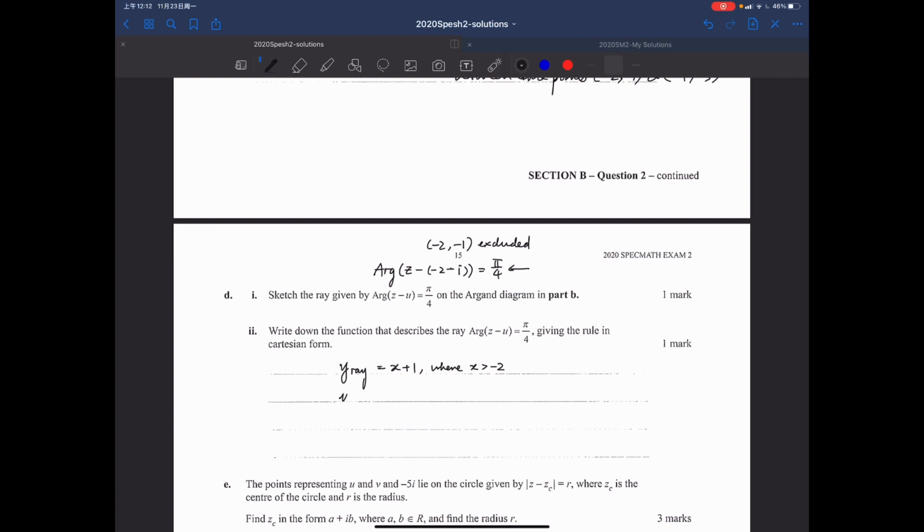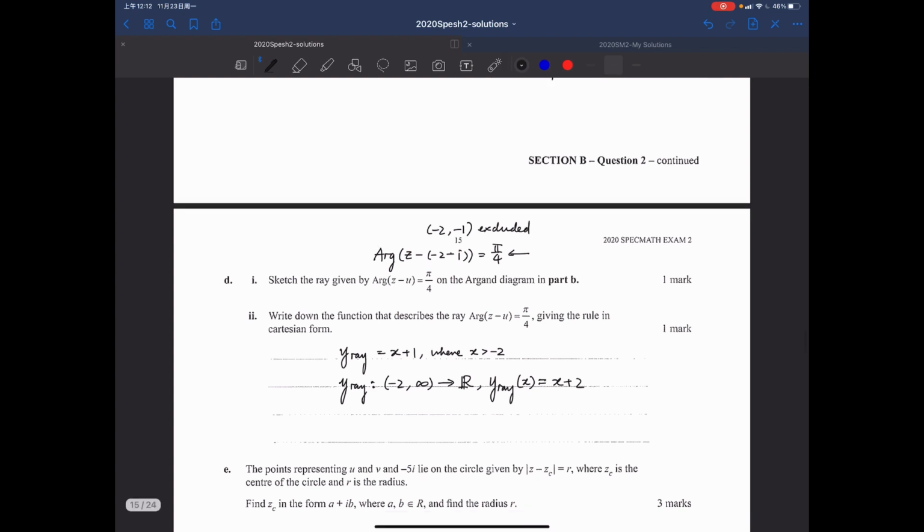Or you could say y subscript ray, domain minus 2 to infinity, restricted, with codomain all real numbers. Y of ray of x is x plus 1 in function notation.